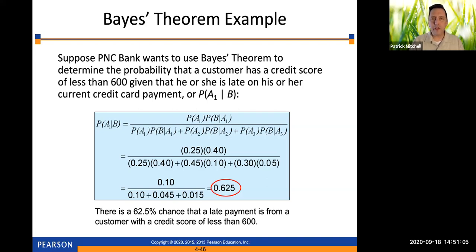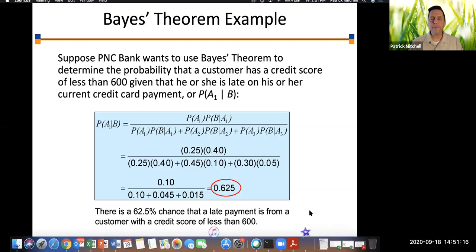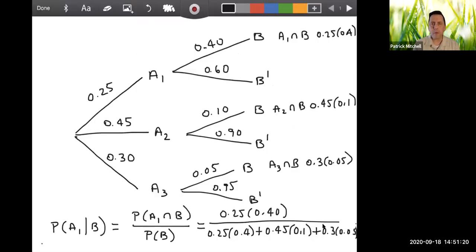So now I want to show you what I think is the simpler way to do this, and then we will be done with this section. All right, here it is. I went ahead and did it ahead of time. So I made a tree diagram.